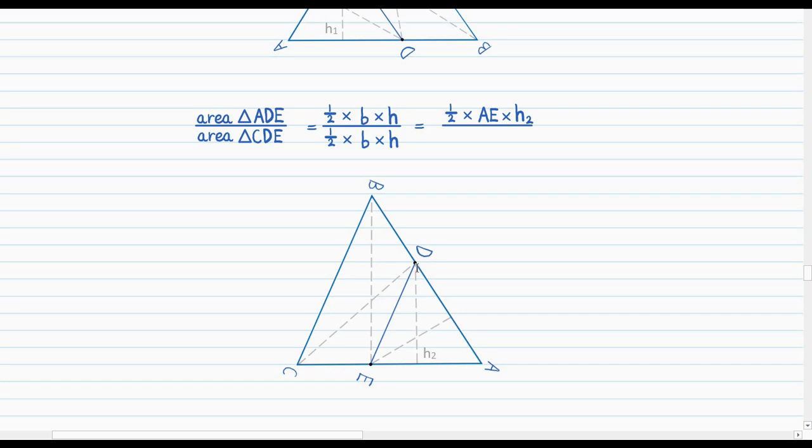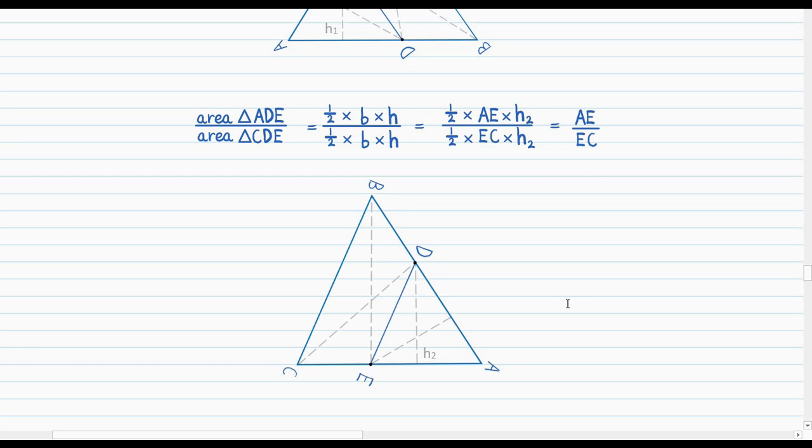Therefore, H2 is a perpendicular height, and the area for CDE is half times base CE times height H2. CE or EC, same thing pretty much. And then both the halves would cancel off and the H2s would cancel off, leaving just AE over EC.